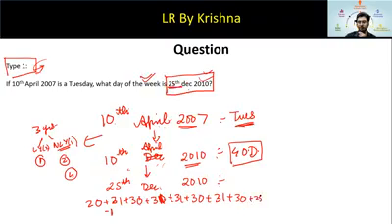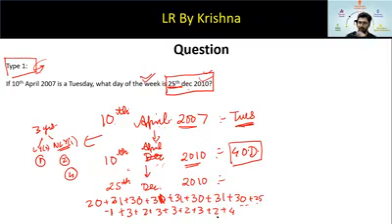So I should write plus 25, but instead of this, I can directly write -1, then 3, 2, 3, 3, 2, plus 4. I can write it like this, right?